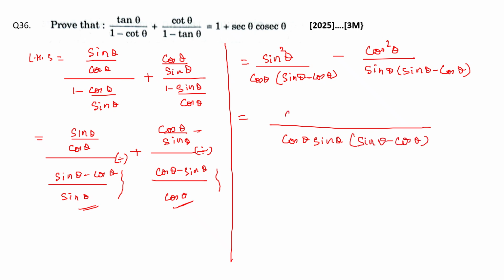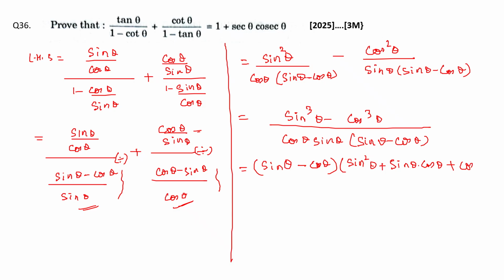So it will become sine cube theta minus cos cube theta. Now a cube minus b cube form you have to use. So it will become a minus b, a square plus ab plus b square, divided by cos theta into sine theta into sine theta minus cos theta.